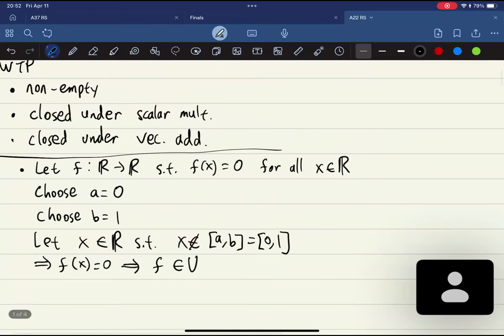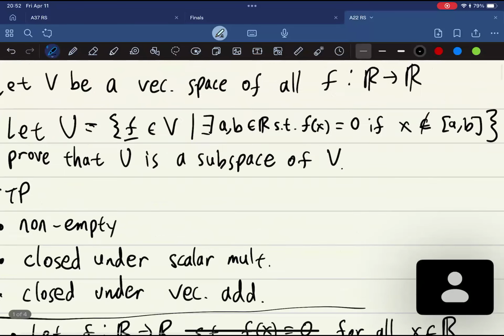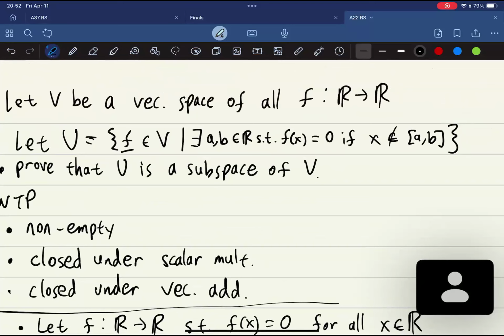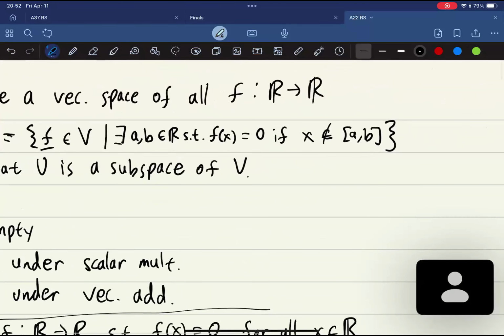I'm so lost right now. Yeah, I guess this definition could be a little bit confusing. But what it's basically saying is we are considering the set of all functions such that there's a closed interval where outside of this closed interval everything is mapped to 0.